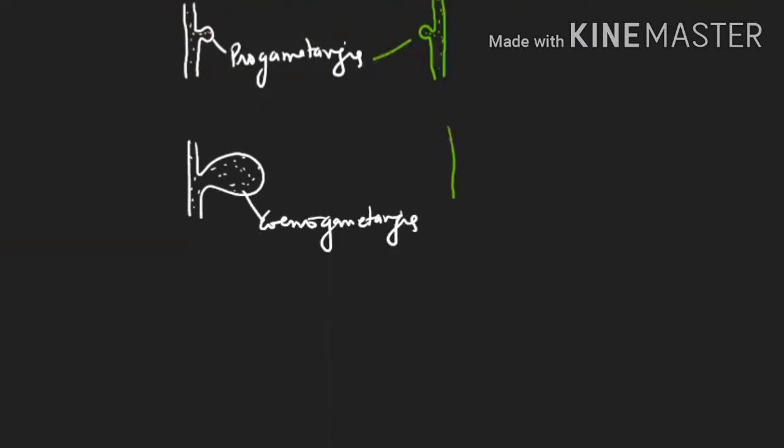The minus hypha will also give rise to coenogametangia. So the coenogametangia formation is done.